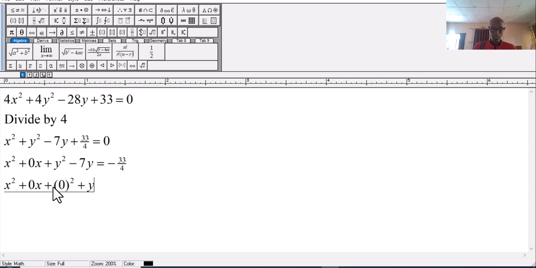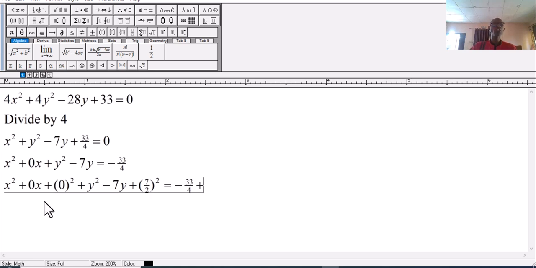So the same thing applies to y squared minus 7y. You find half of 7, that will give you 7 over 2. Then you square that also. Equals minus 33 over 4.